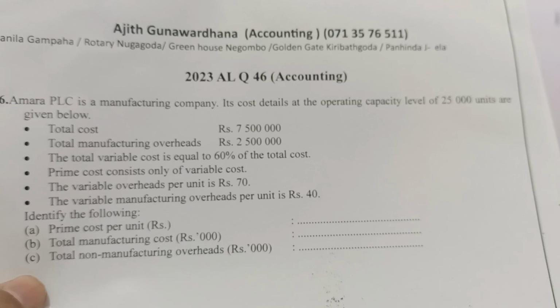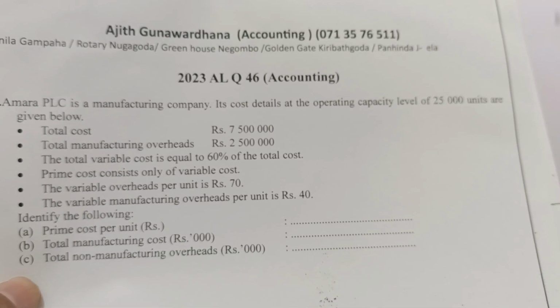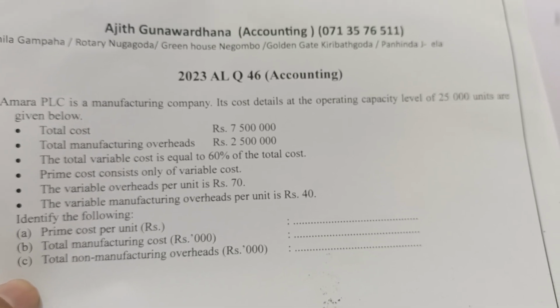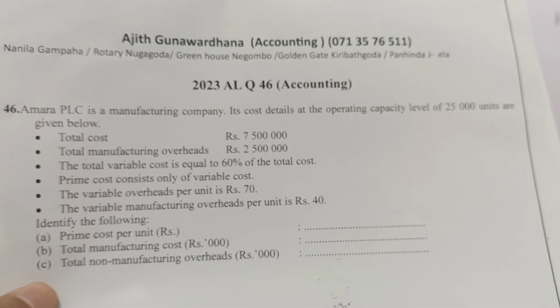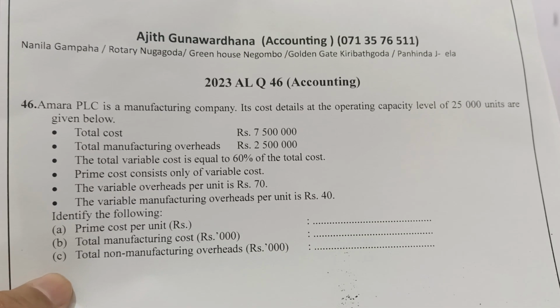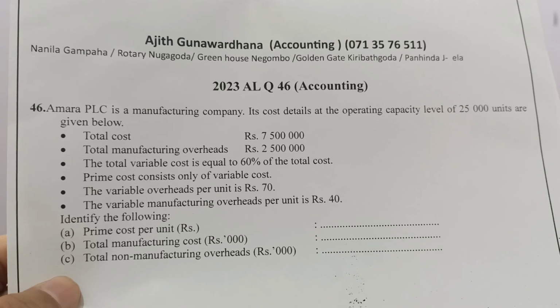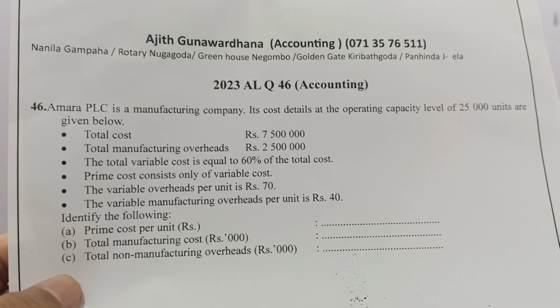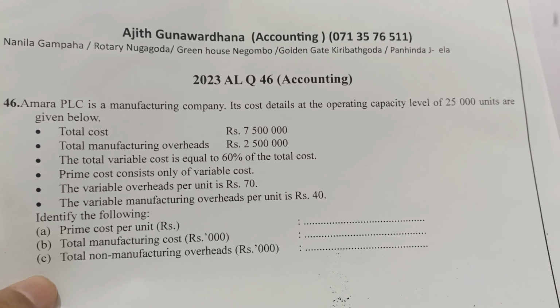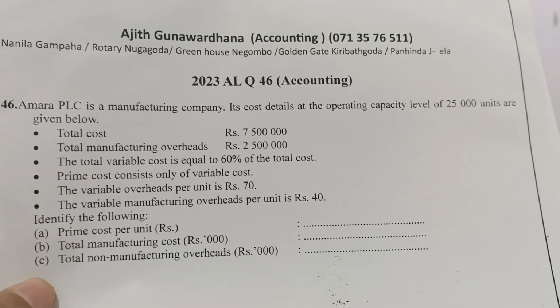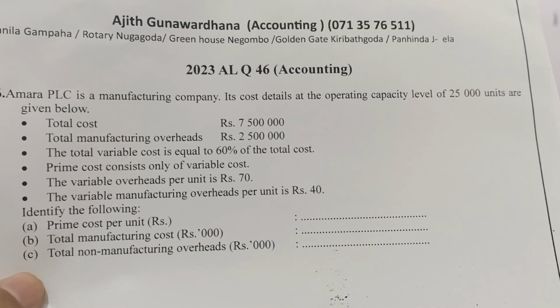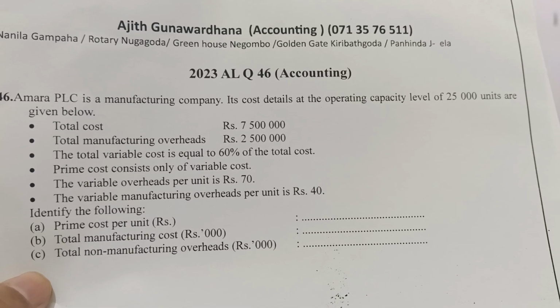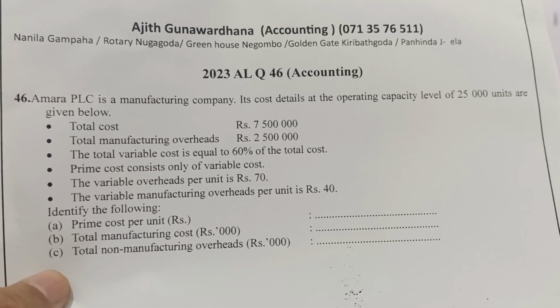The variable overhead per unit is given, which includes production variable overheads and non-production variable overheads. The variable manufacturing overhead per unit is also given, and the production quantity is given from the beginning. The activity level is 25,000 units.